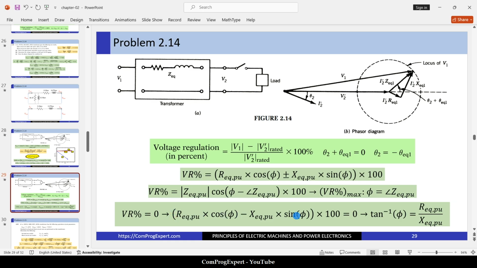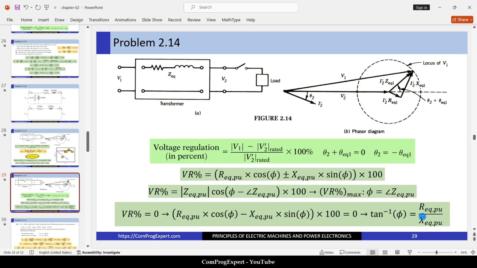So when this is equal to 0, you can write this equation. The tangent inverse of phi must be equal to this one. So in this case, we have 0 voltage regulation.